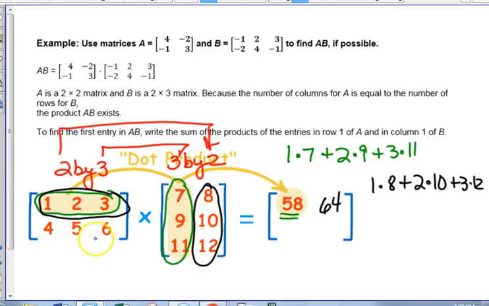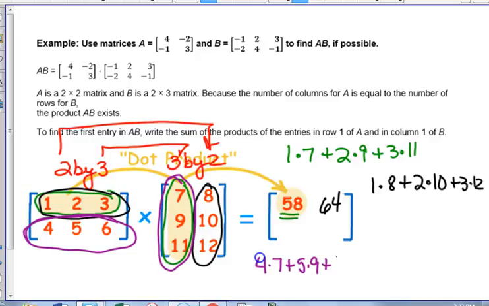Here we go. Now I'm going to do row 2 times what? Column 1, which would be 4 times 7 plus 5 times 9 plus 6 times 11. It's 100 and something. 28 plus 45 plus 66. Anybody got me? Okay.